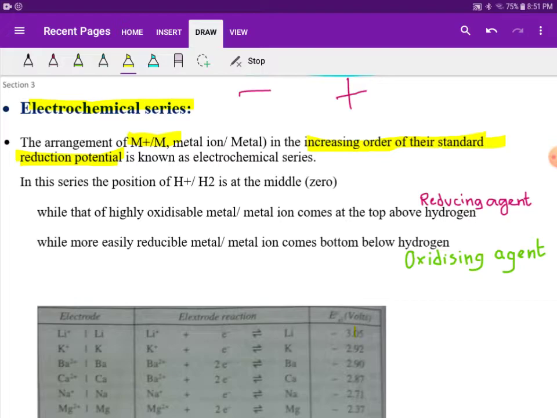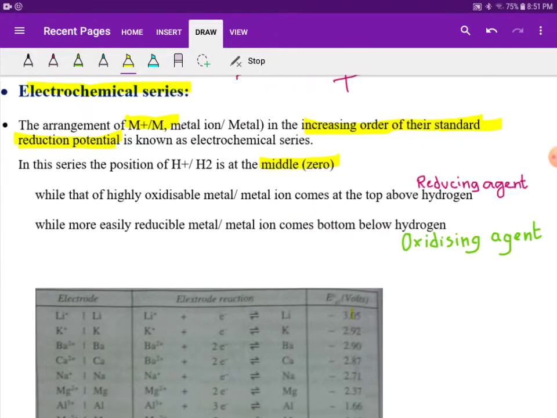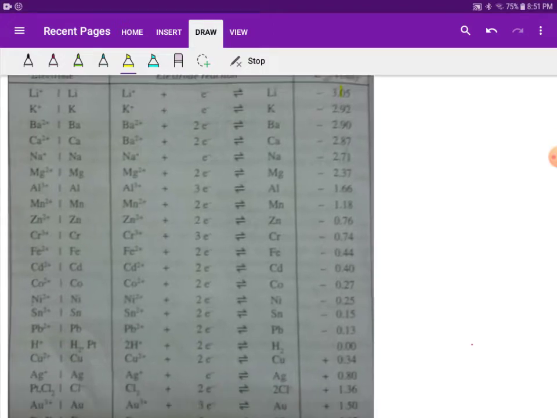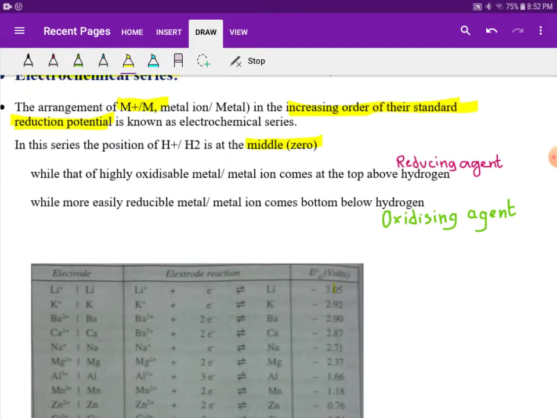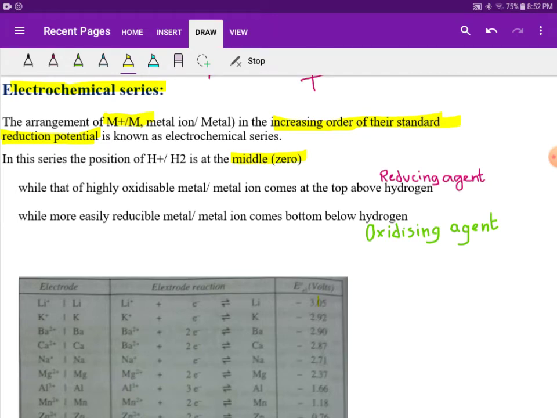In this series, the position of H plus/hydrogen is almost at the middle with the value plus or minus 0, while that of the highly oxidizable metal ions comes at the top above the hydrogen.